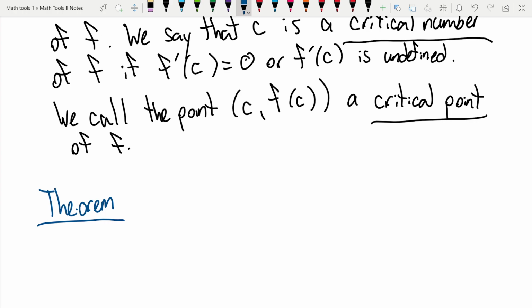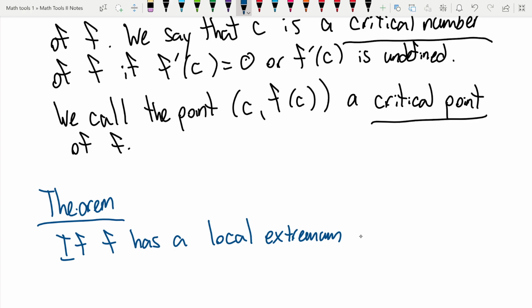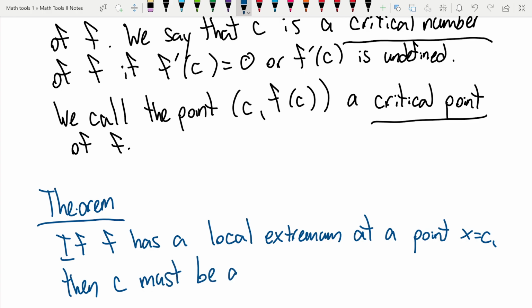The reason that these are important for the extrema is that if F has a local extremum at a point x equals C, then C must be a critical point of F. So logically, this also means that if C is not a critical point of F, then F does not have a local extremum at x equals C. So we can find an exhaustive list of all of the possible local extrema by finding all of the critical points.